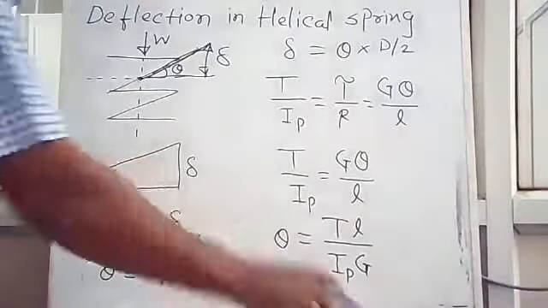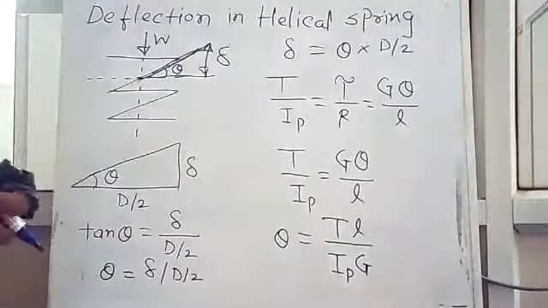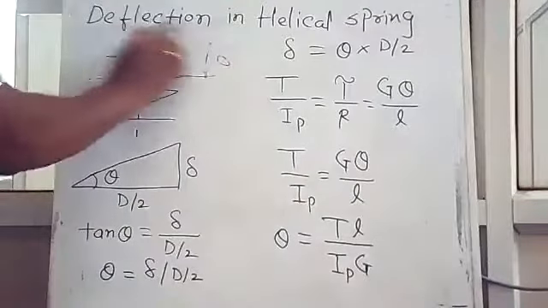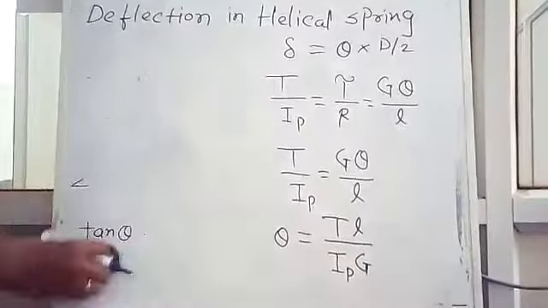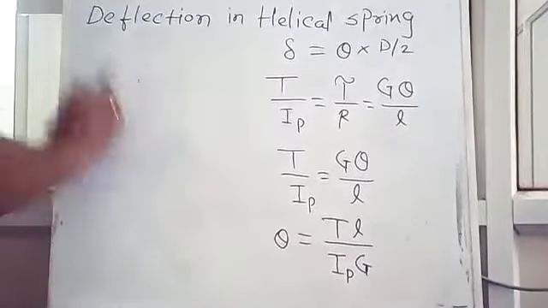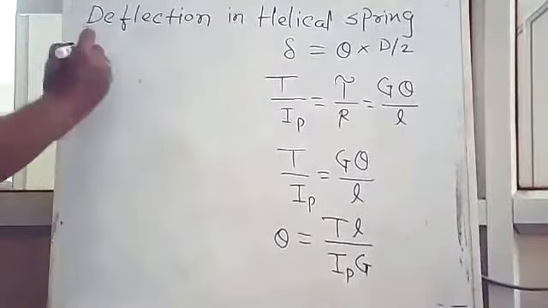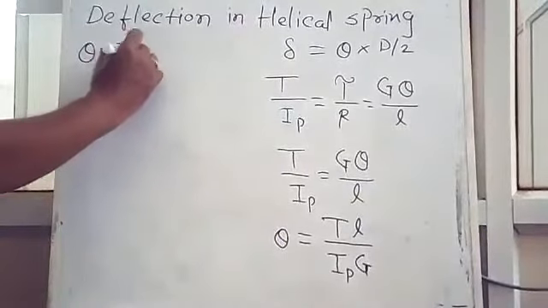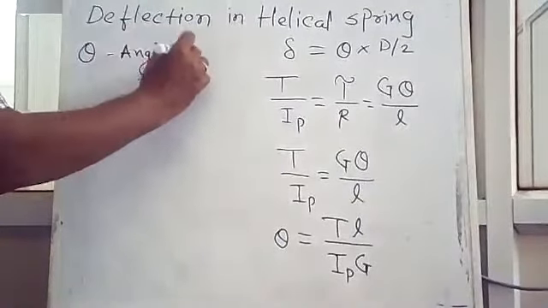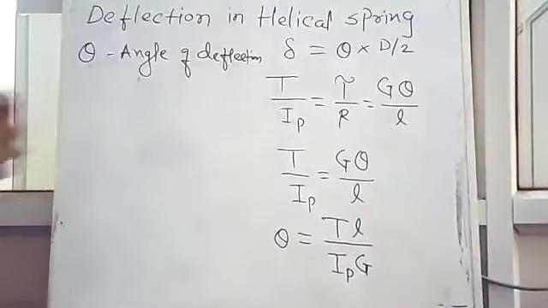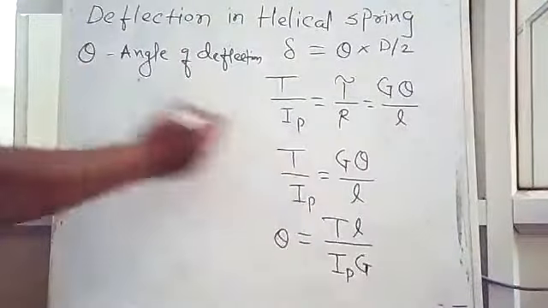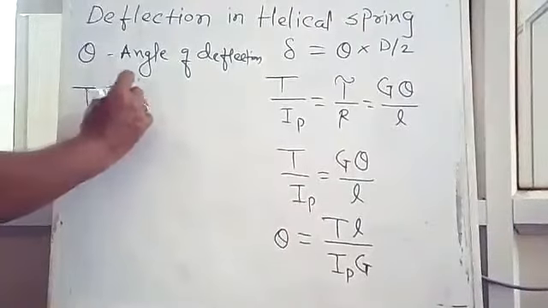So this is the relationship. In this, what is theta, what is T and everything that we'll put here. Now, for this relationship, theta is angle of deflection. Okay. Now, what is T? T is torque.